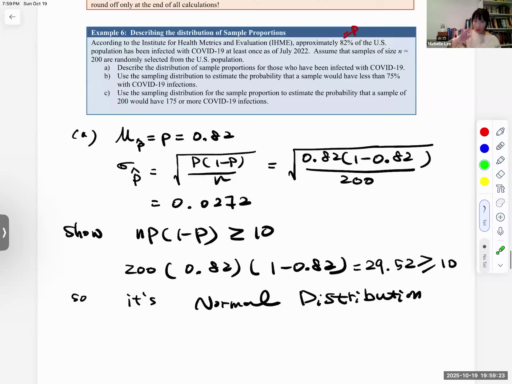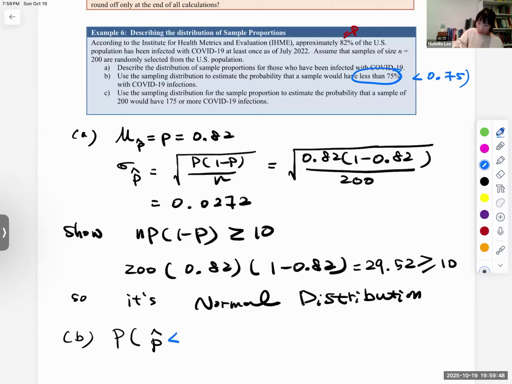This is the only question in this section where we use StatCrunch, right? So we will set up this way: probability of p hat less than 0.75. Make sense?